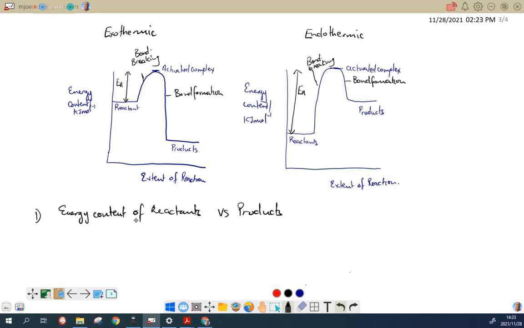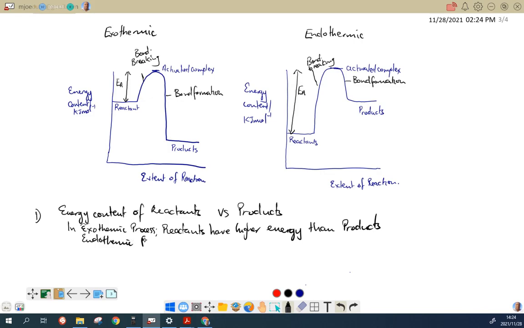In exothermic processes, the reactants have higher energy than the products. In an endothermic process, the reactants have less energy than the products.